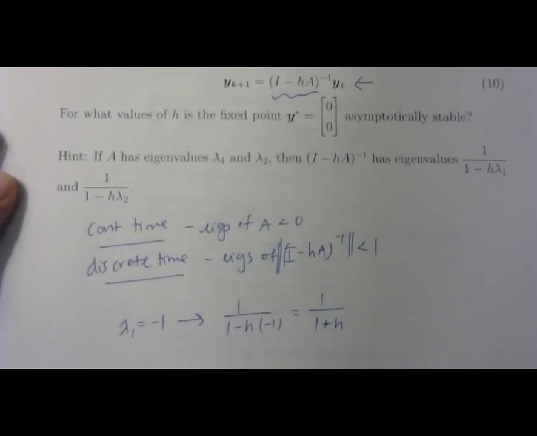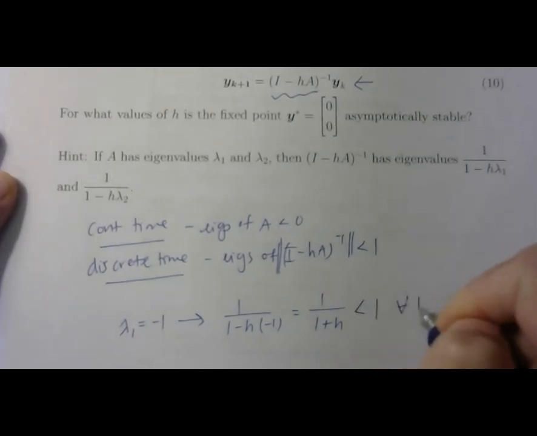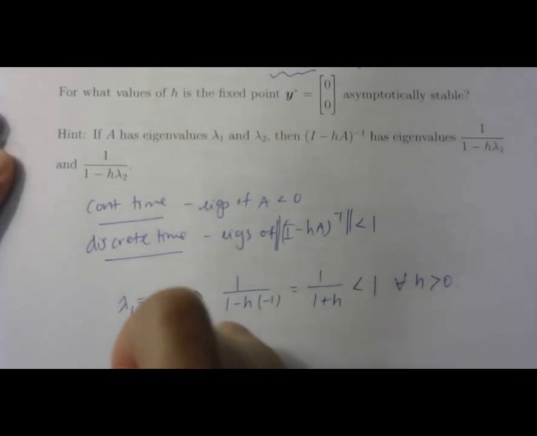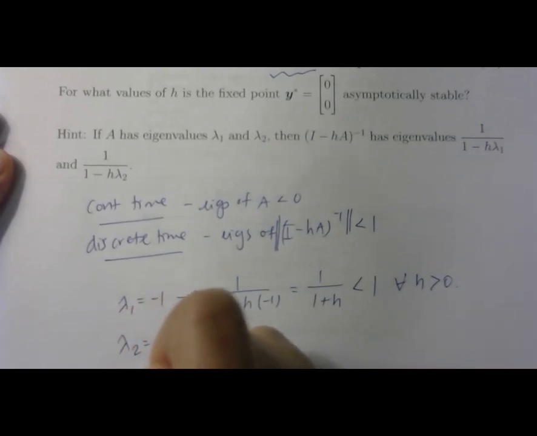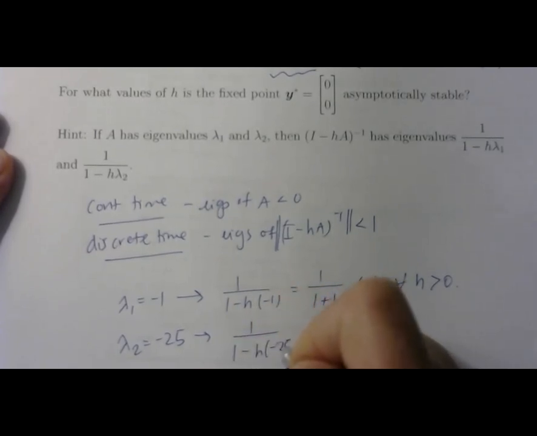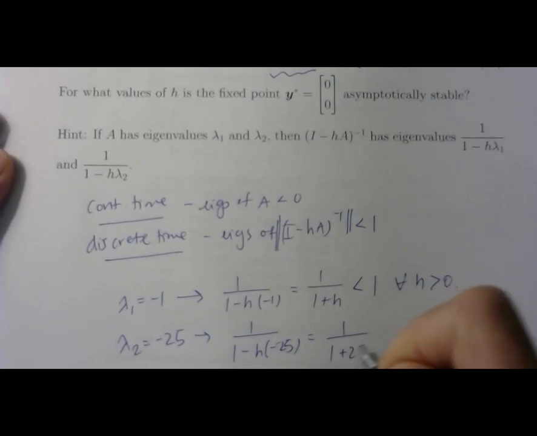And I know that this is always going to be less than 1 for all H, because all of the H's are positive, right? It's always going to be dividing by a number bigger than 1. Similarly, lambda 2 is minus 25. I have 1 over (1 minus H times minus 25), otherwise known as 1 over (1 plus 25H), which is always less than 1.